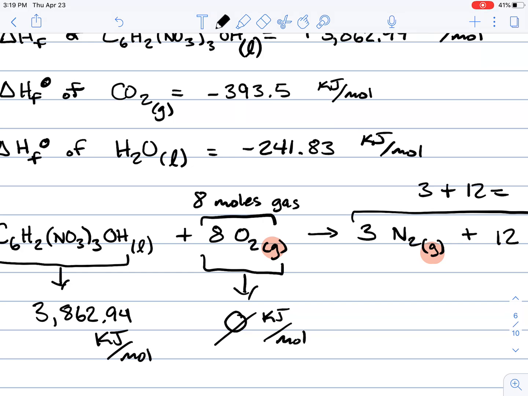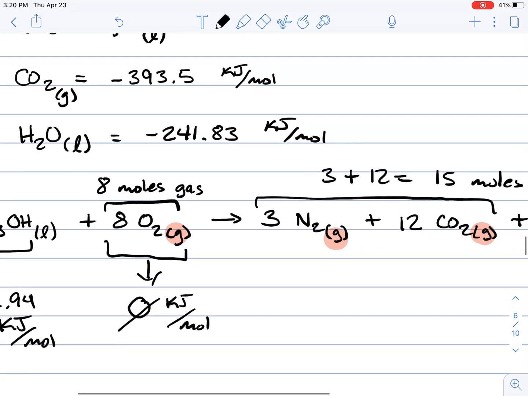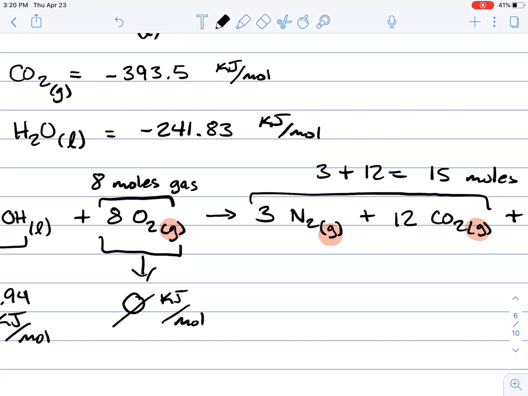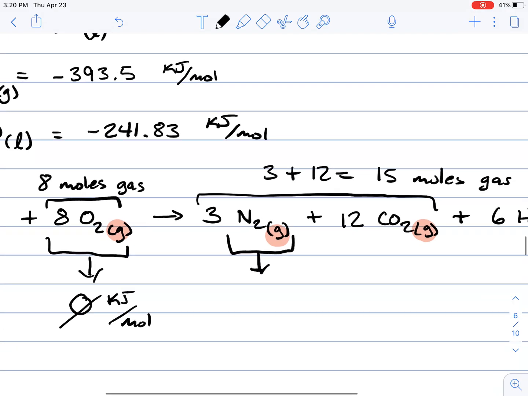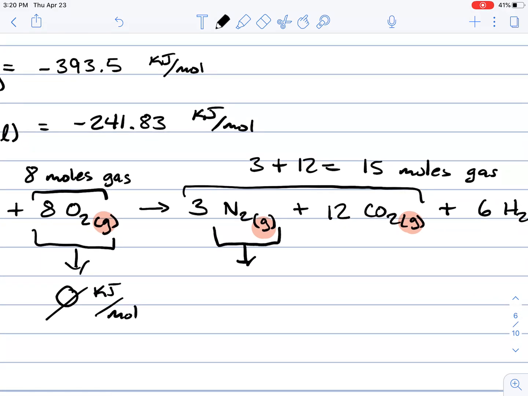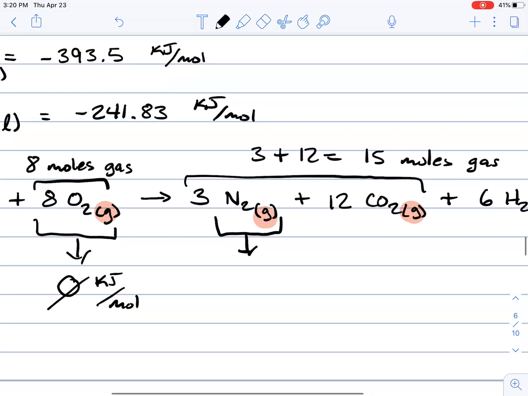That holds true for that specific statement. And if you are looking at N2 gas, it is another example of a pure elemental substance. So the heat of formation for N2 is also 0 kilojoules per mole.